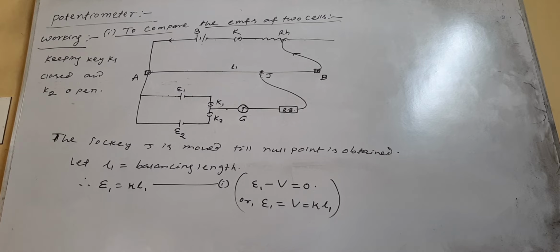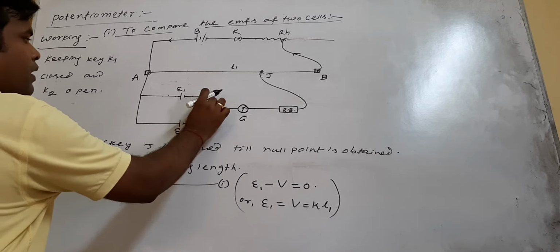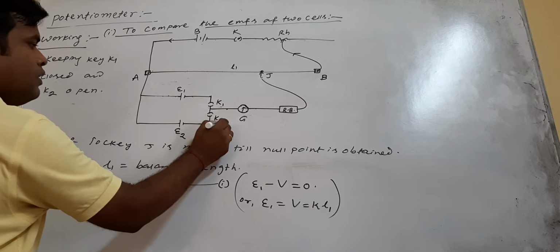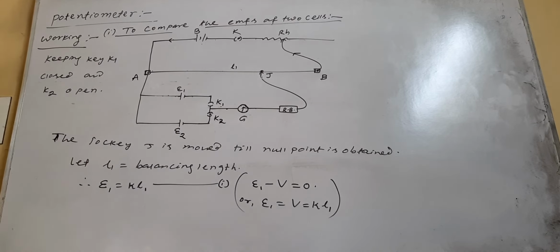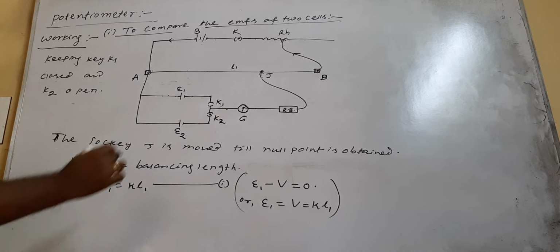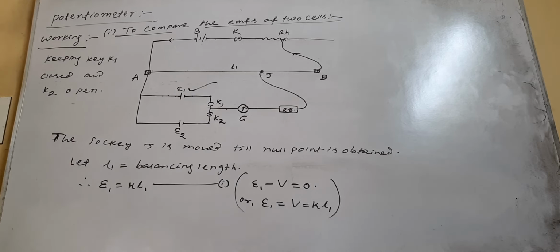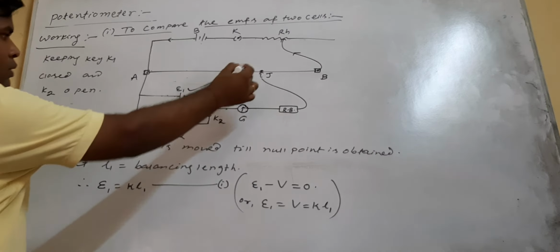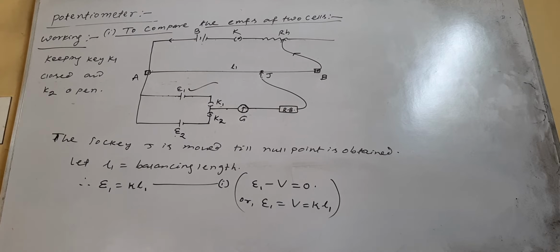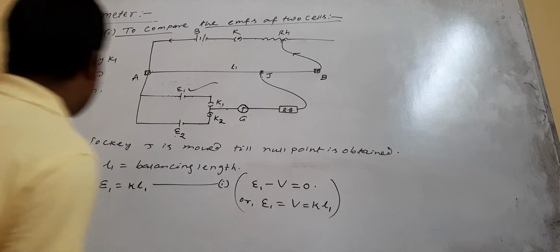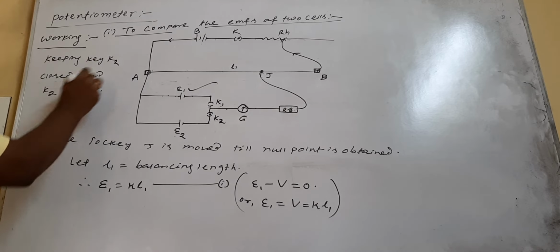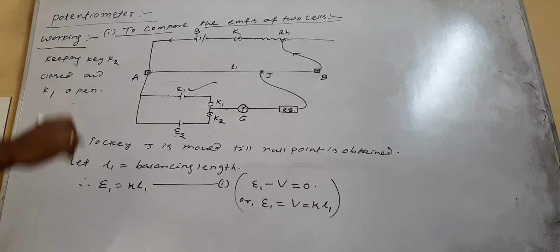In the same way, now you open key K1 and close key K2. Then what happens? E1 is now out of the circuit. Now E2, the second cell, is connected to this circuit, keeping key K2 closed and K1 open.